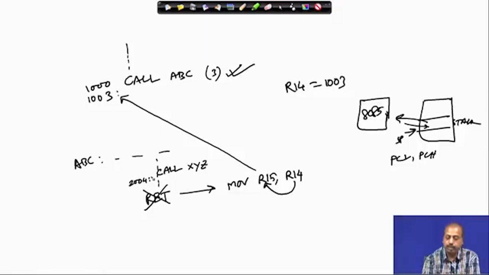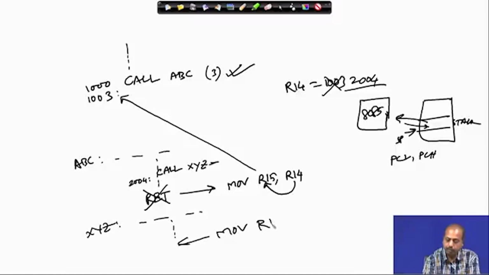Then while this call is being executed, this R14 will get overwritten with the value 2004. Now, whenever this XYZ routine is over and you are trying to go back, you have to put the instruction move R15, R14.